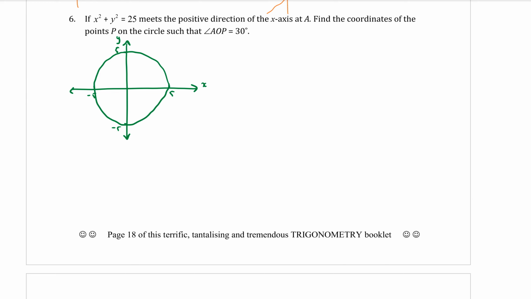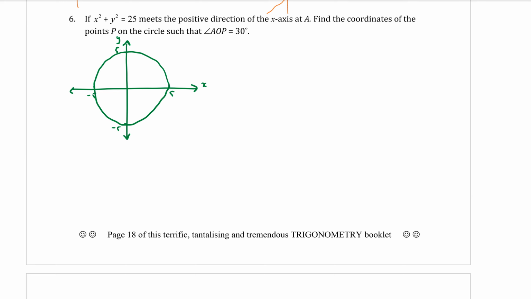It says my circle meets the positive direction of the x-axis at A. I'm making an angle AOP, which is 30 degrees. The positive direction of the x-axis means positive values of x, coming out this way from the origin. I don't want the negative ones, I want the positive ones on that side.